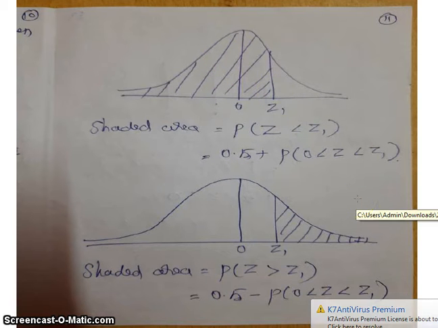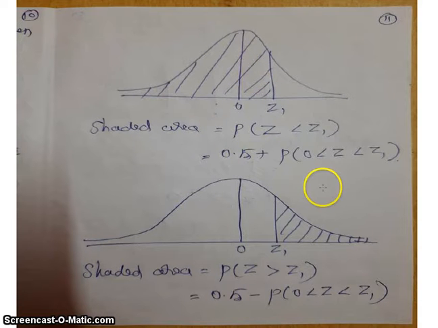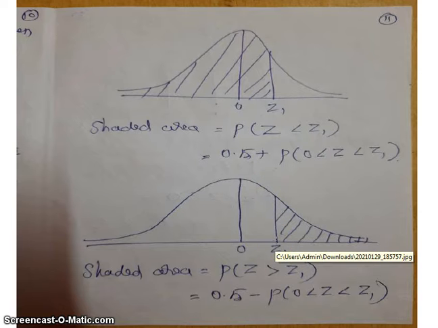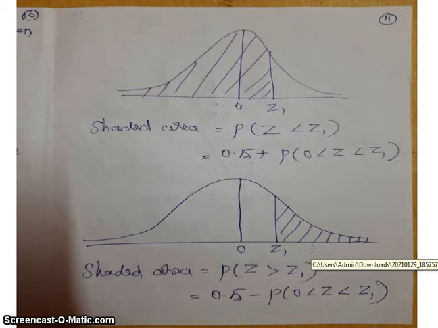You cannot take the table value straight away, this is how you have to calculate. If you want to calculate the area of this shaded portion, that means z is greater than z1, the area under the normal curve beyond this z1 value, you cannot calculate that straight away. The right side portion from 0 is 0.5, that's the total area of one side.